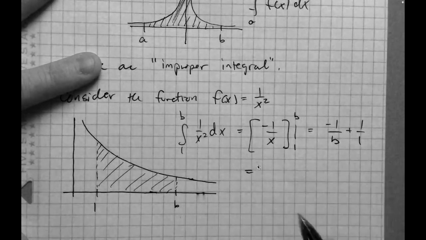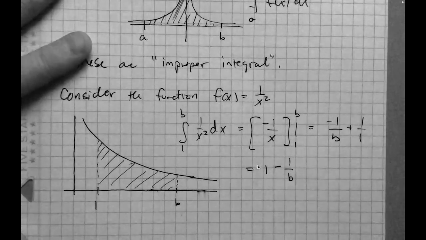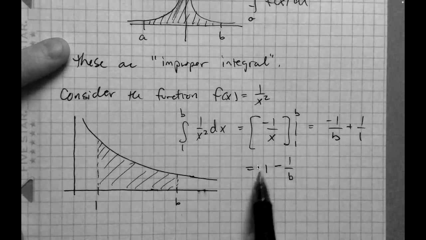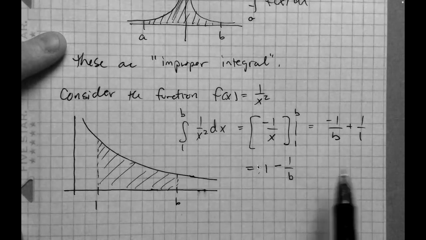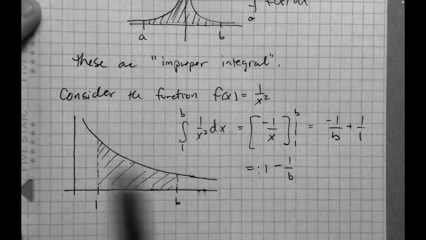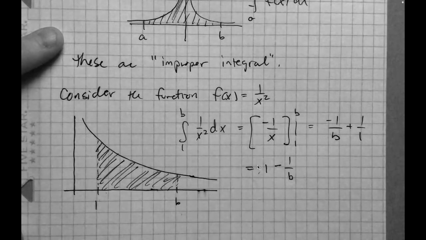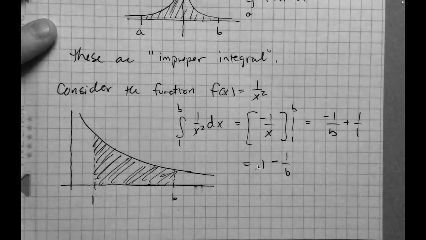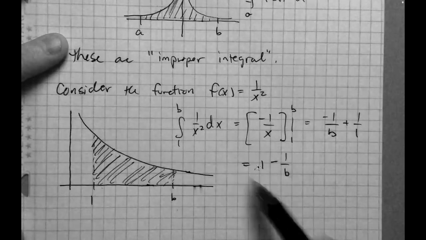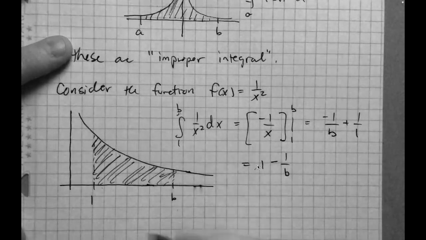We can clean all that up, and this looks like 1 minus 1 over b. That's the area. We can interpret this 1 minus 1 over b as the area between 1 and b of this graph above. Now, what happens when we take the limit of this as b goes to infinity?